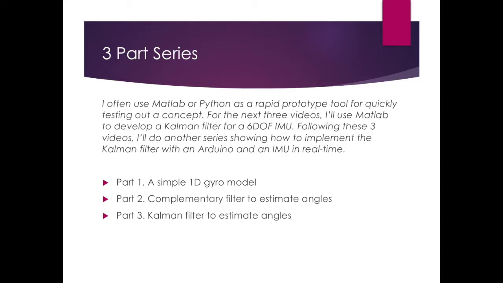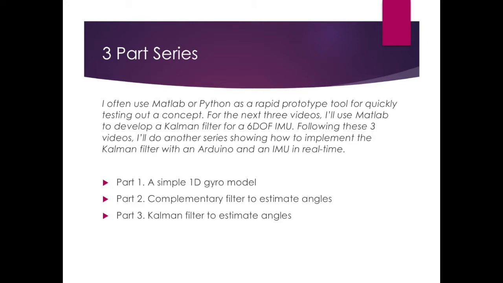So part 1 coming up next. To develop this concept, we've got to do 3 things. First of all, we need to develop a simple one-dimensional gyro model in MATLAB. And then we're going to develop a complementary filter to estimate the angles. And then from there, I'm going to step up to a Kalman filter to estimate the angles.